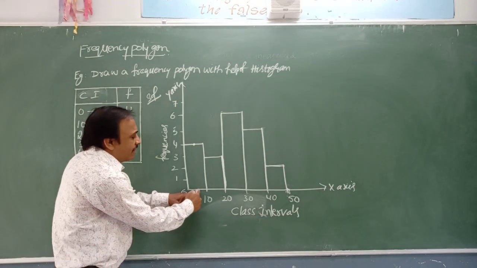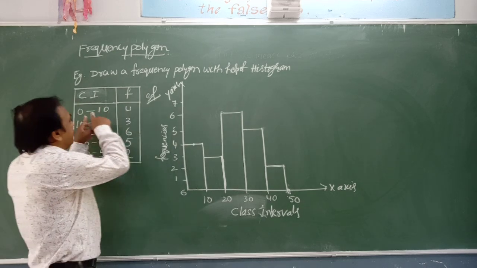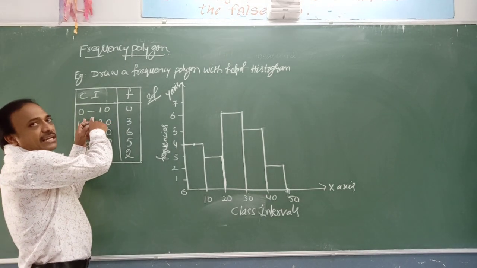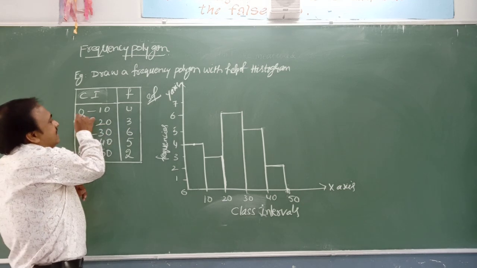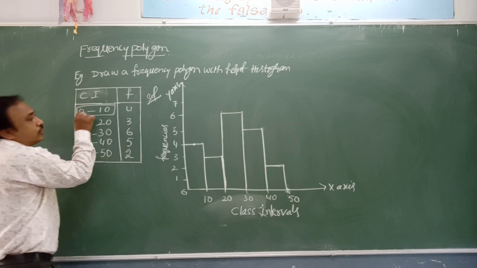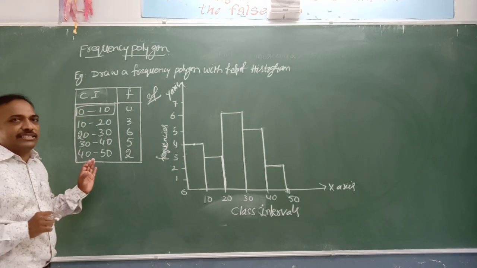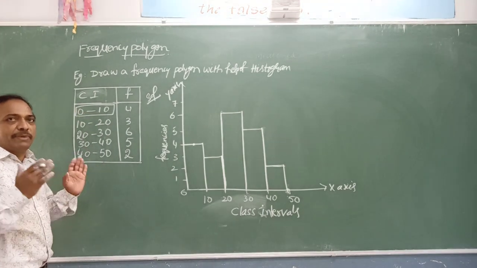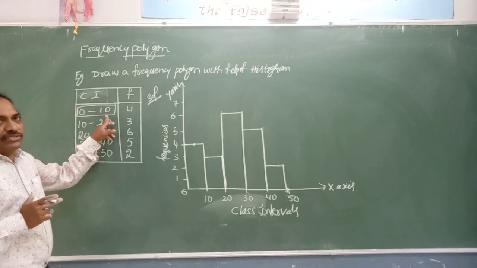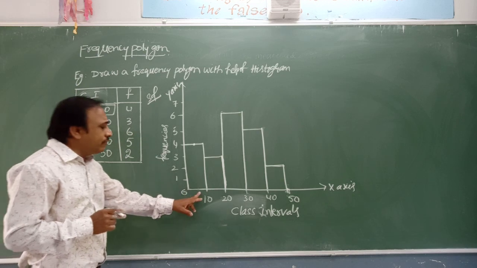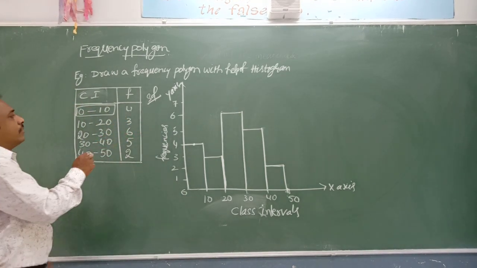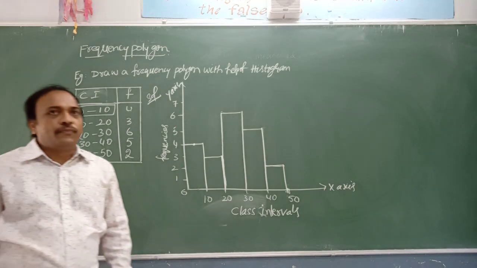The midpoint is also called the class mark. How to get the class mark of 0 to 10? Lower limit plus upper limit by 2, that is 10 by 2, which equals 5. So 5 and the frequency 4.